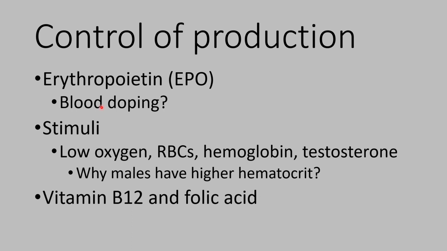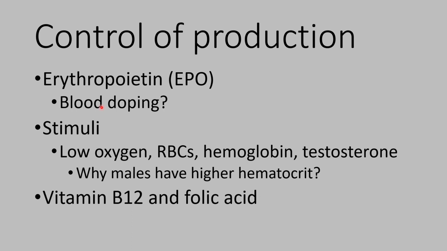If you're blood doping and you're making more red blood cells, your hematocrit goes up. If your hematocrit goes up, what happens? Your blood gets thicker. It gets more viscous. Remember that word? Viscosity. If blood has higher viscosity, it's going to have more resistance to flow.